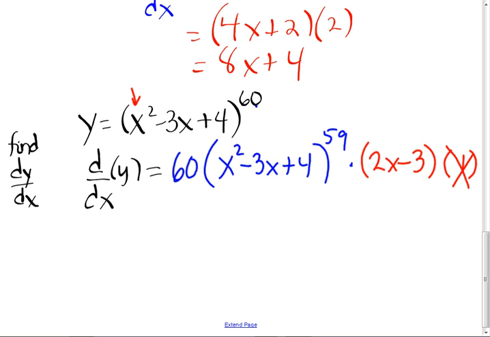So you could do that times the derivative of that. And that's all there is. Because what's the inside function? It's an x. Let's not even put that in there. It's the derivative of x, which is 1. There it is. The problem is knowing when to stop.